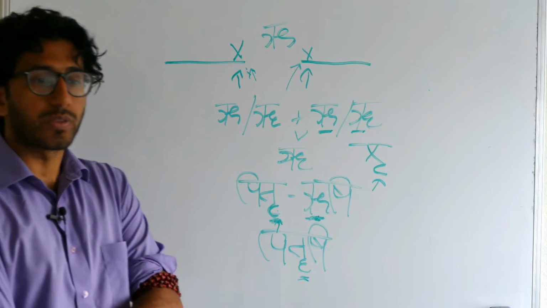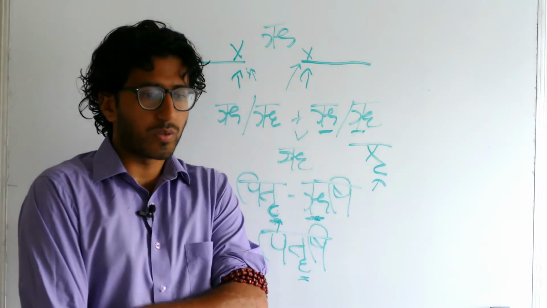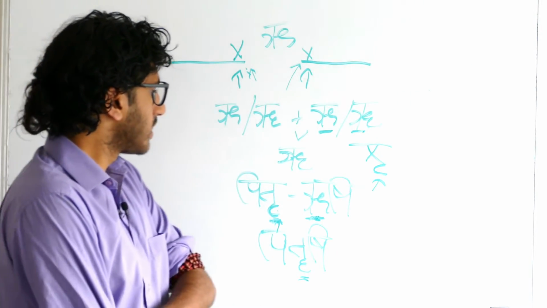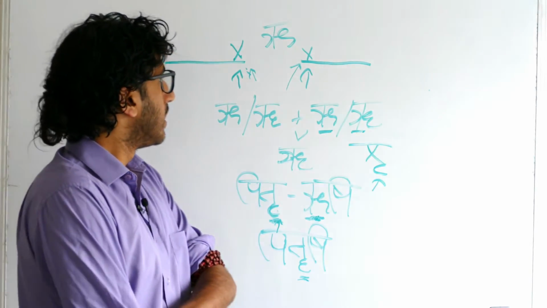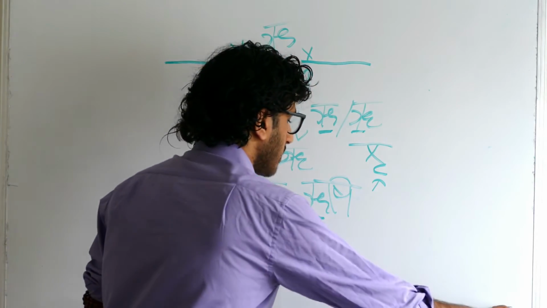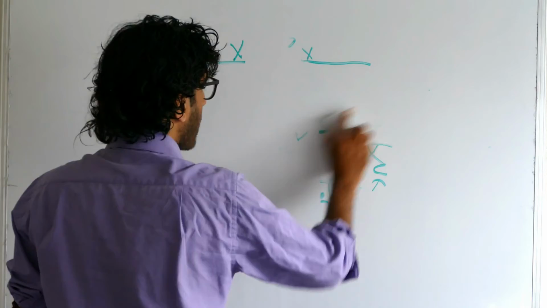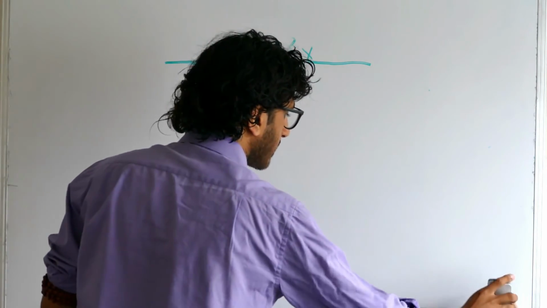If this is confusing, please contact me and I'll make it clear, don't worry. I'll even make it clear in another video if necessary. So here we have done the vowel sandhi, Savarṇa Dīrgha Sandhi.